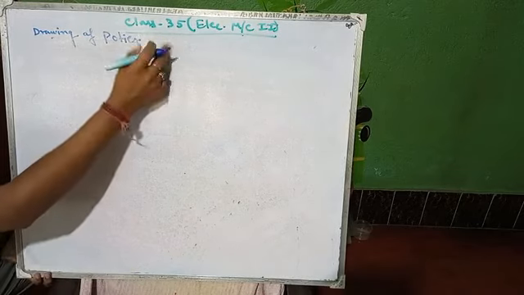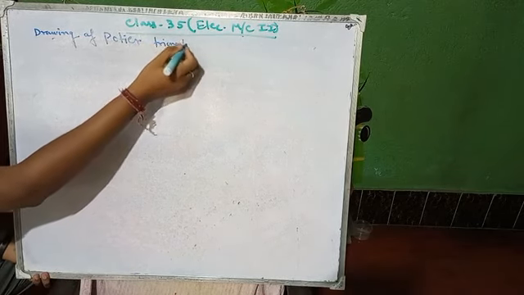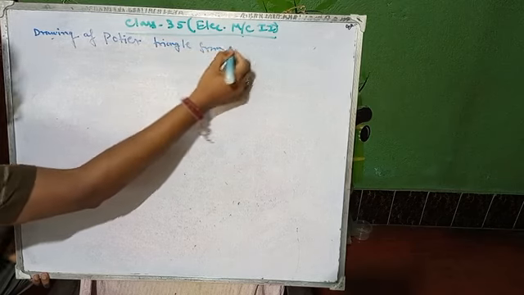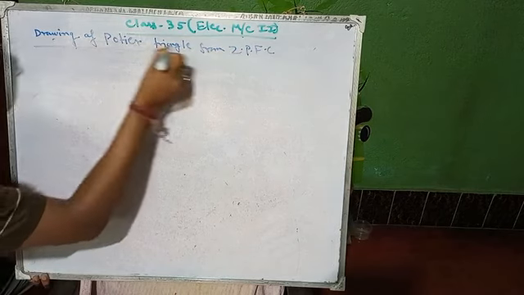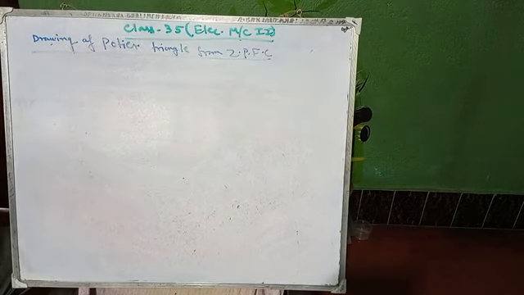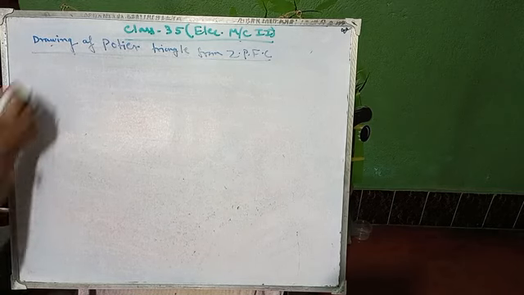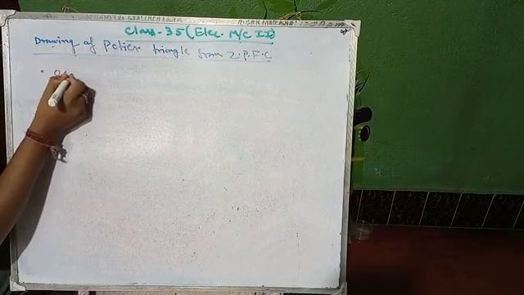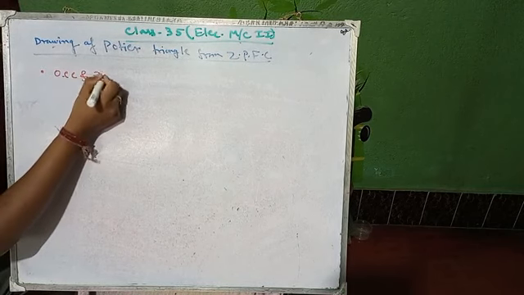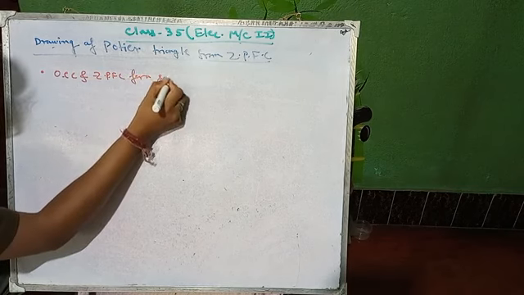Drawing of Potier triangle from ZPFC. Okay, so from ZPFC. So first, write point by point. First draw OCC and ZPFC for the same alternator.